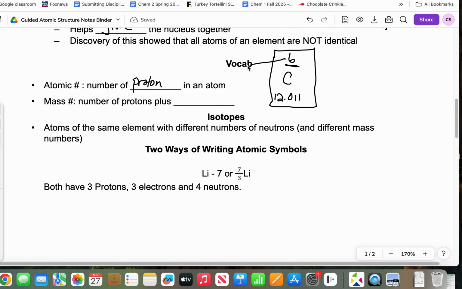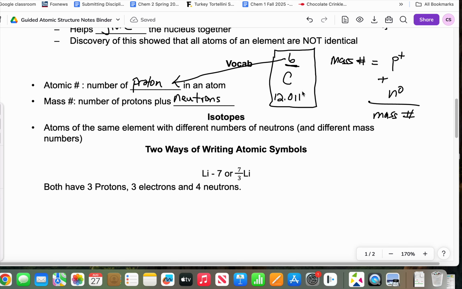It's also the number of protons. Mass number is the number of protons plus neutrons. You're going to want to write this down. Mass number equals protons plus neutrons. If you add those up, you get mass number.